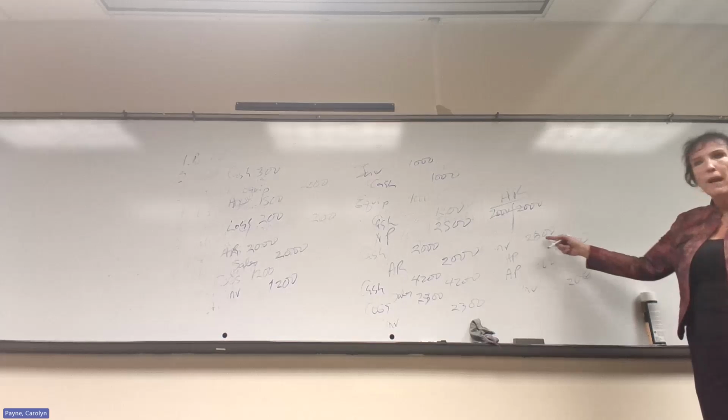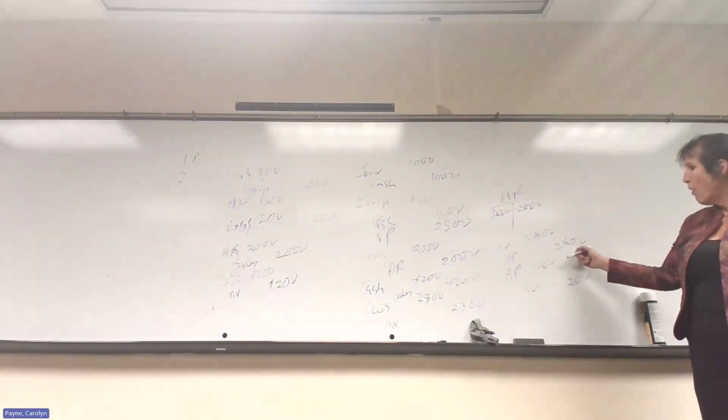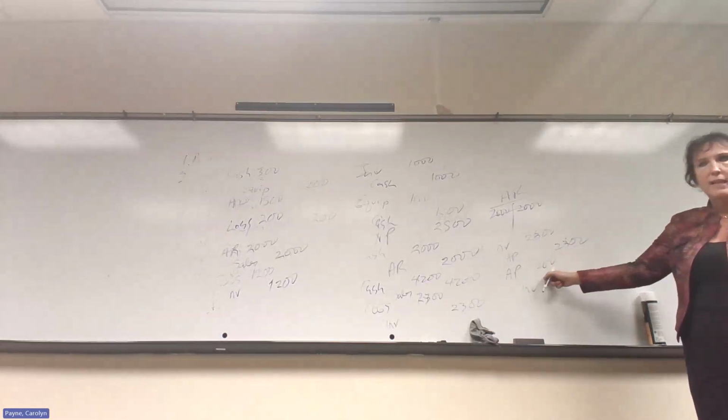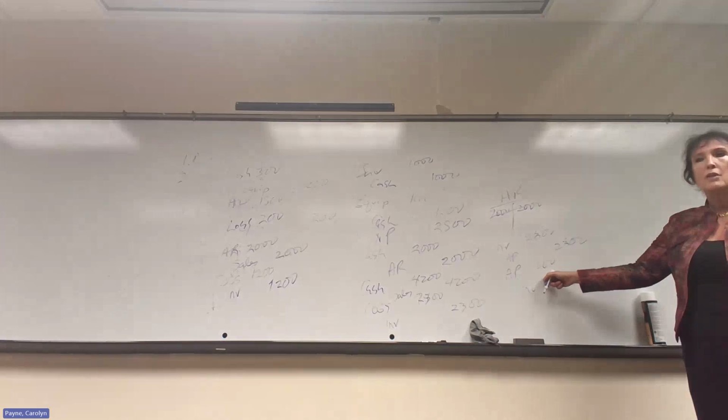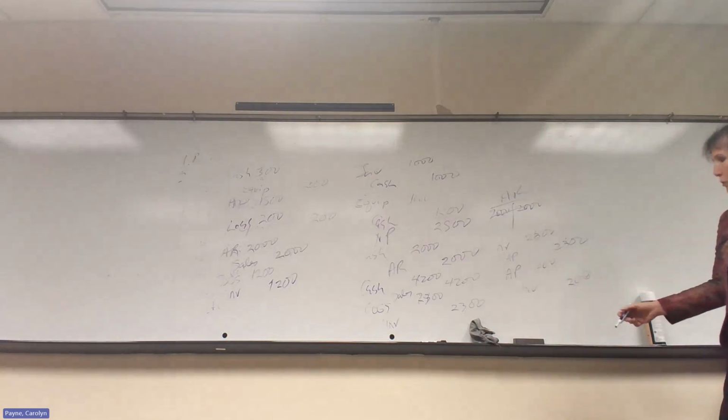So now I'm going to pay the balance. I bought $2,600 worth of stuff. I sent back $200 worth. So now I'm going to pay them what I owe. What's the journal entry?